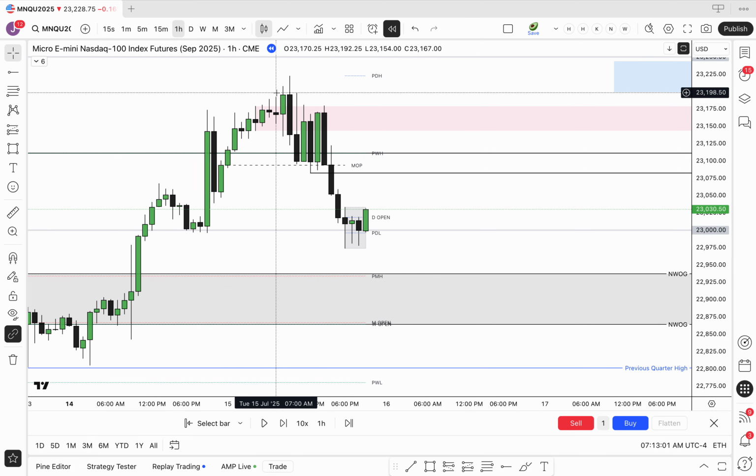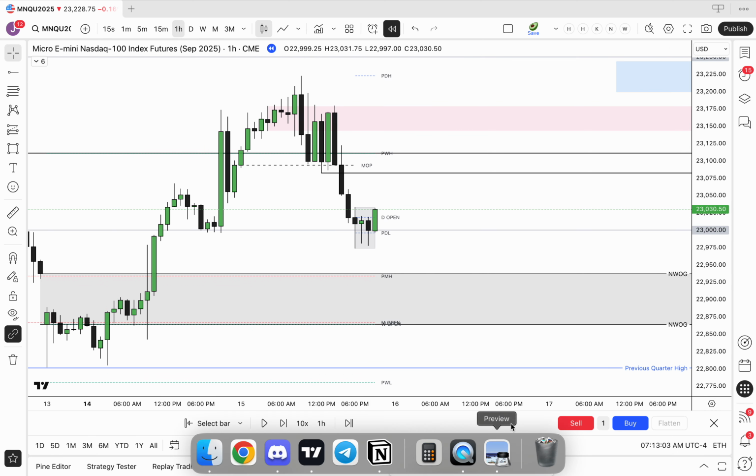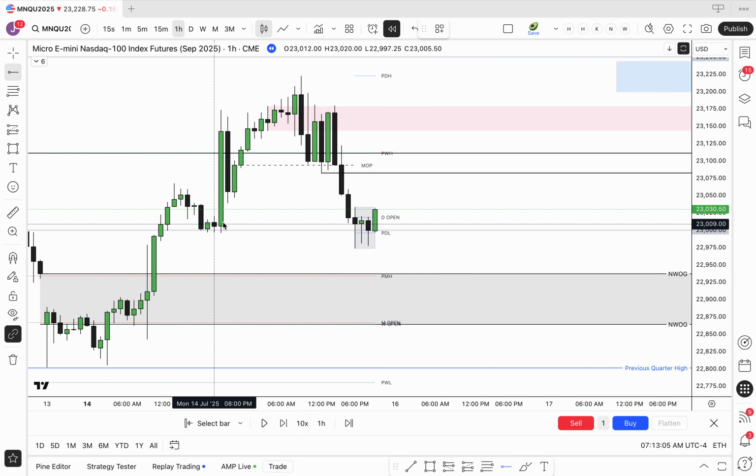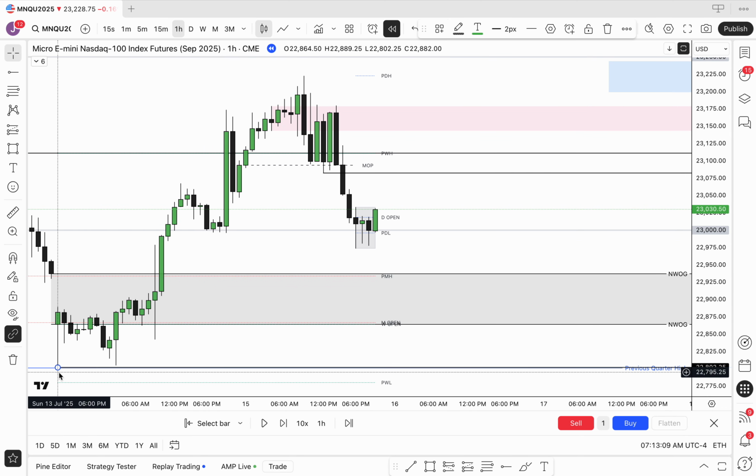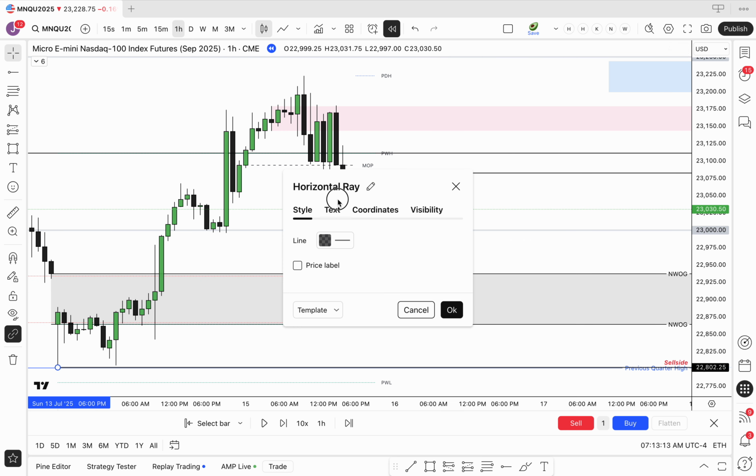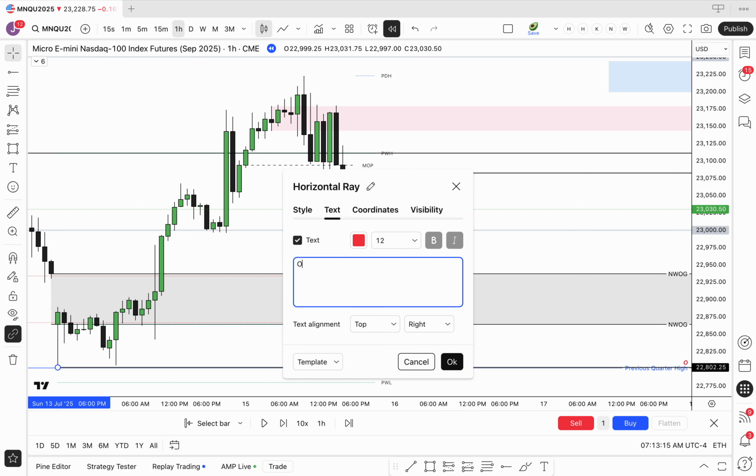And now, what do we have? We have another market maker model setting up, a market maker sell model. So we have the original consolidation down here, OC.